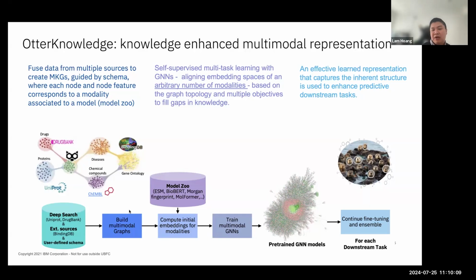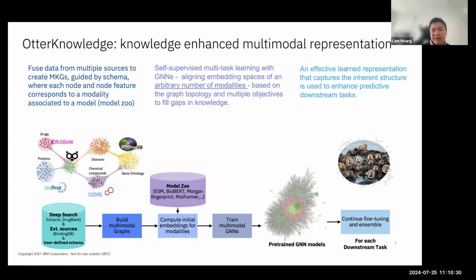And that's where we have a model zoo. In the model zoo, we keep different types of pre-trained foundational models. These are models trained with a specific type of data like sequence data or structure data, right? Those provide the initial embedding of the entity of interest.